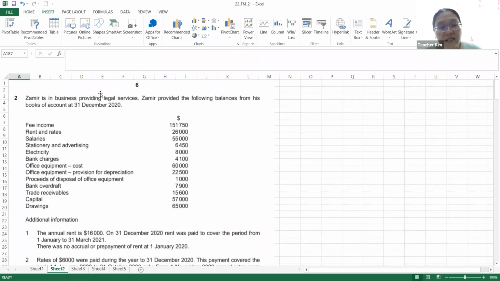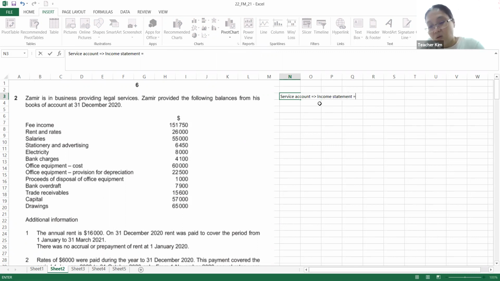Okay, here is a legal service. Legal service means that this account is a service account. When we have a service account, our income statement preparation only has three sections. No cost of sales, okay? Only revenue. If you have other income, but most of the time you don't, okay? And then expenses.